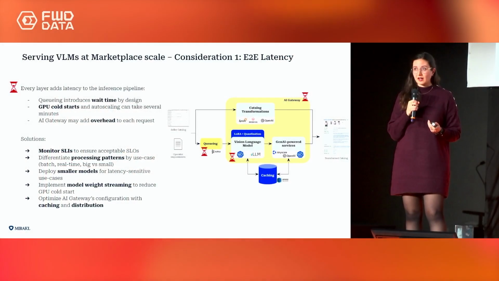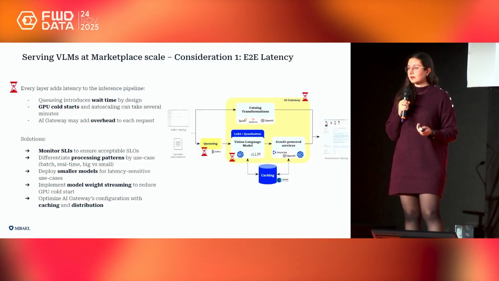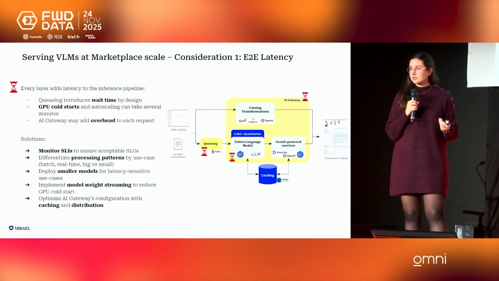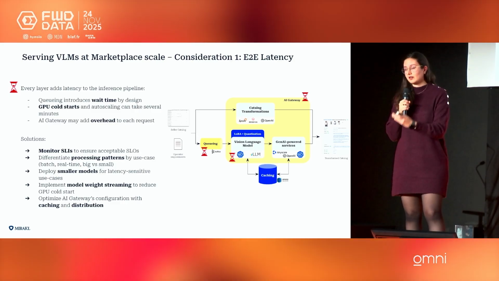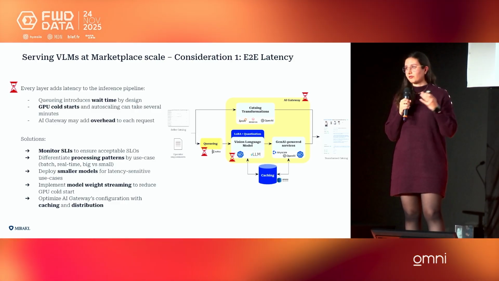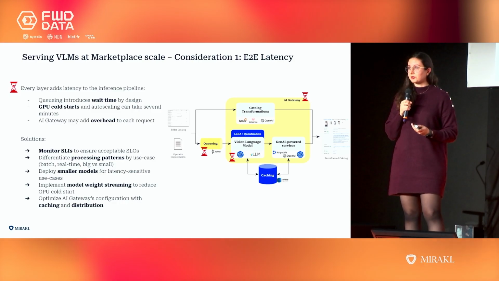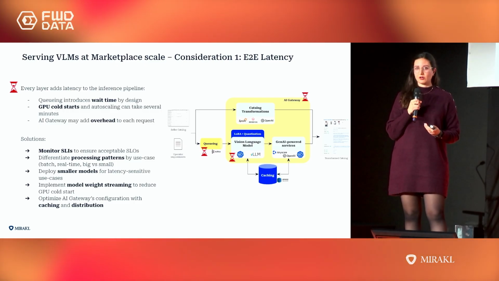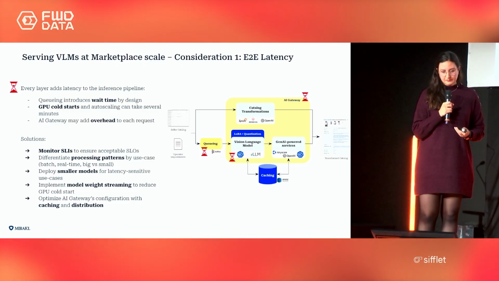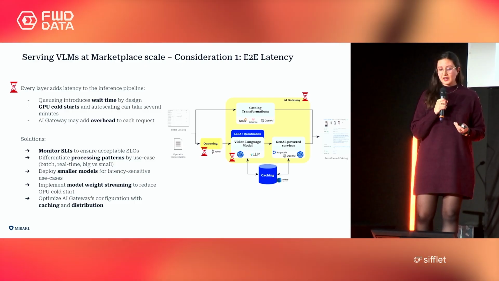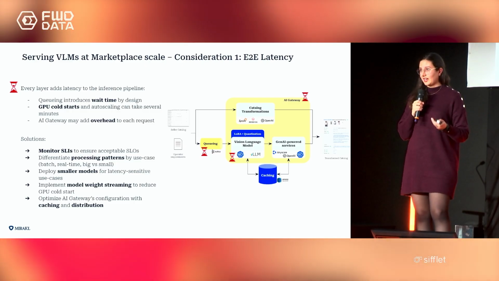This is something that's currently available with NVIDIA's Run AI. It's available on GCS natively, and this is something that allows us to parallelize the transfer of model weights onto the GPU memory, therefore reducing autoscale time. And finally, definitely optimize AI gateways configuration with caching and distribution.